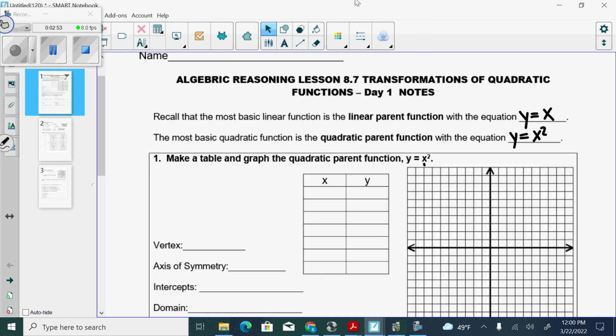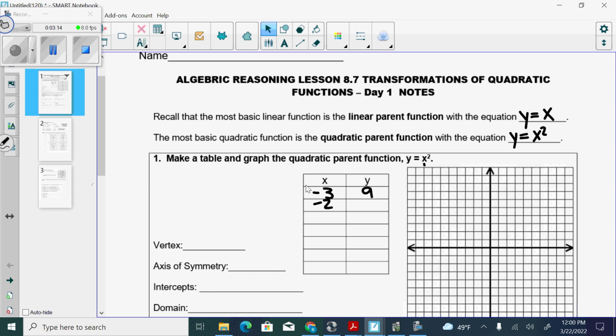If I was to pick some values, I want to pick small numbers, right, so that they fit on my graph. So let's say I pick -3 for x. Well, on that table, what is y when x is -3? Not -9, but +9. Okay? All right, and then let's say I look at -2.